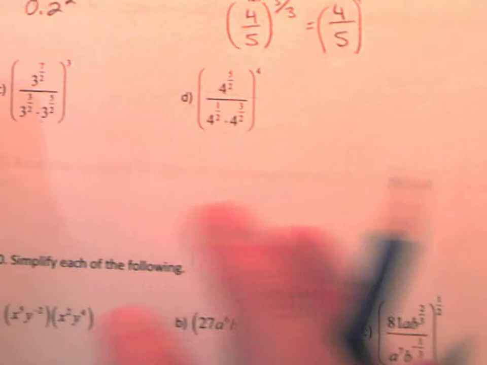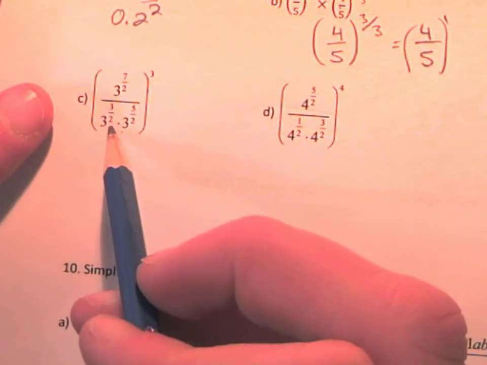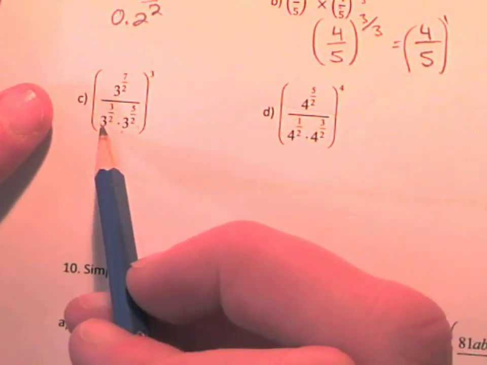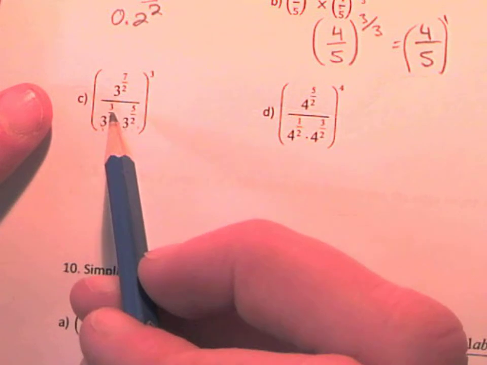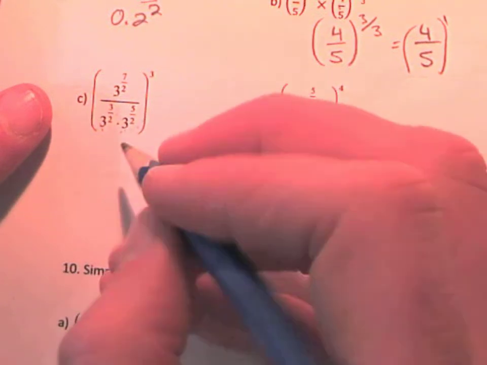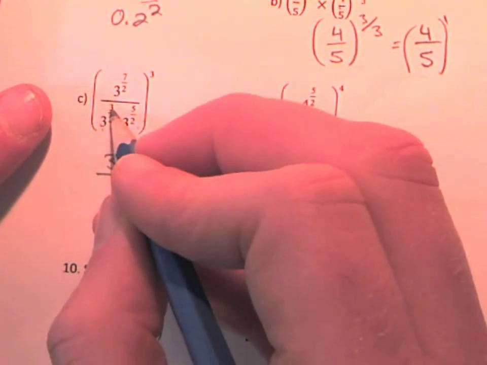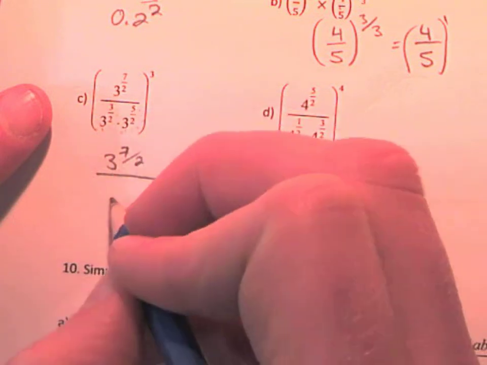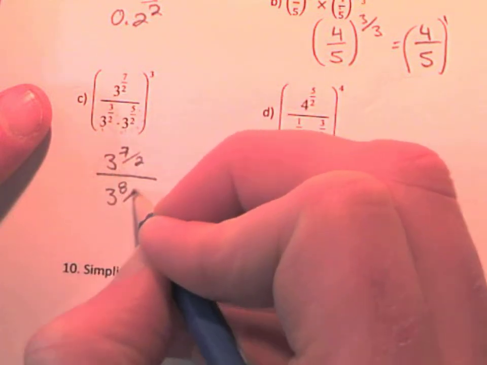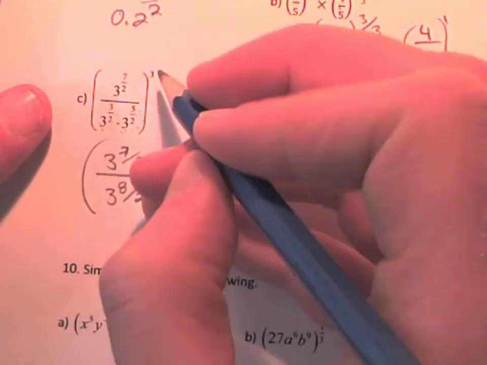This one here, there's many different ways of doing it. We're going to simplify the bottom first, these two. Since the bases are the same, we can just add the exponents. 3 over 2 plus 5 over 2. So I'm going to rewrite everything, but I'm going to add these two. 3 plus 5 is 8, and then we leave the bottom the same. So 8 over 2. And then cubed.